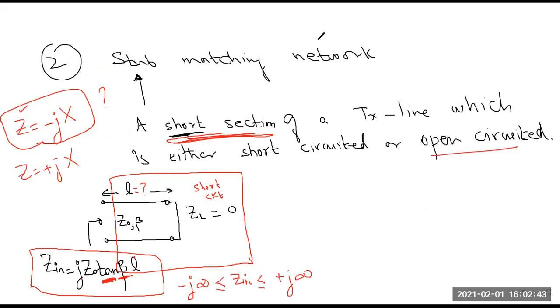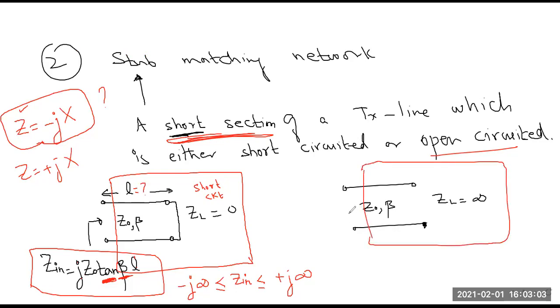In a similar manner, consider an open circuited line. If you have a transmission line where the other end is not connected with anything, so ZL is equal to infinity, and you assume this whole thing is inside a box, and find the impedance at the terminal, this is something which we have covered.